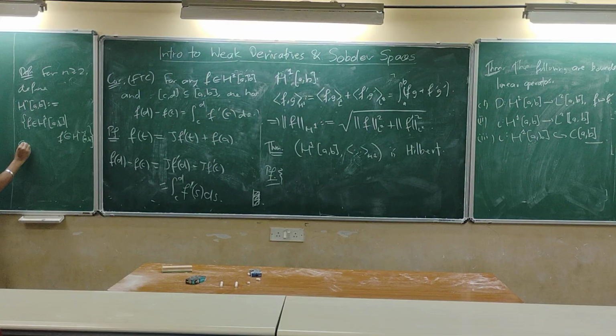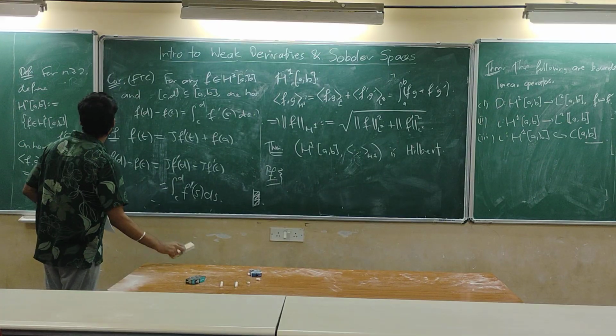And on here, the inner product of H^n is defined as the integral from a to b of f times g, plus f prime times g prime, up to the nth weak derivative times the nth weak derivative. And this is a valid inner product because it's the sum of inner products on the spaces.